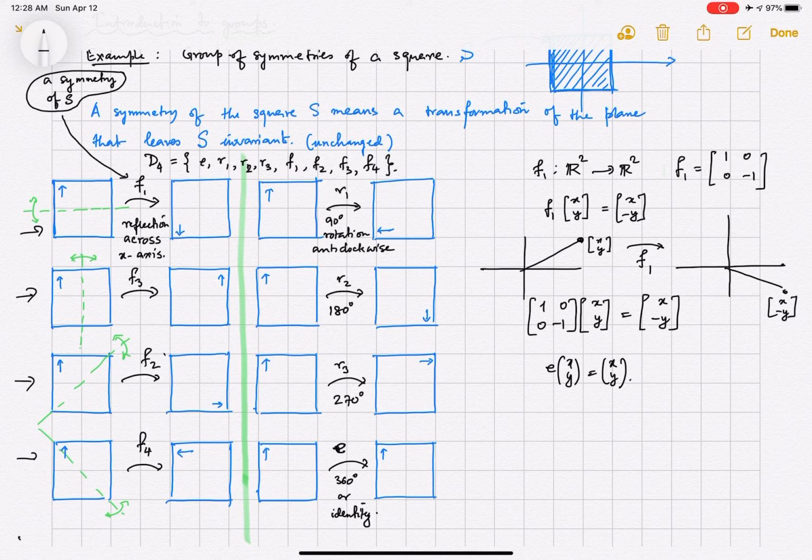How does this work? You just apply 2 of these transformations back to back, and the net result of the 2 transformations applied back to back is again one of these 8.